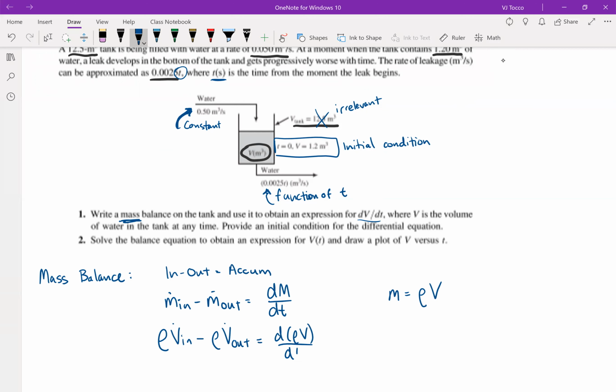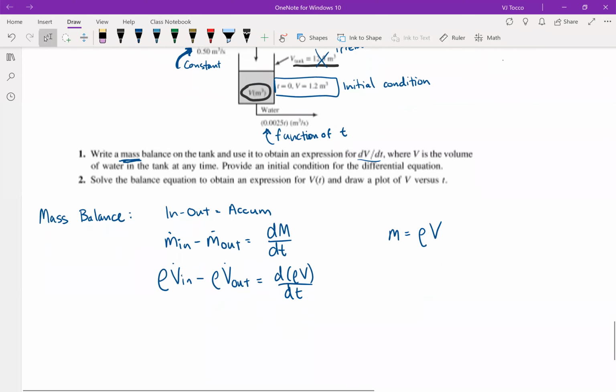And then I can say that because water is an incompressible fluid, incompressible liquid to be more precise, and there's no huge temperature changes, there's no pressure changes, but even if there were, the fact that it's incompressible means that the density is constant. I can now factor this density outside of the derivative, as I showed you in the calculus refresher video, and then I have a common density that can be canceled because it's constant.